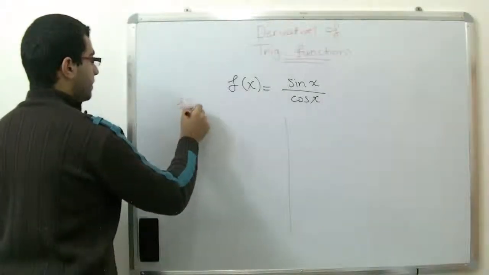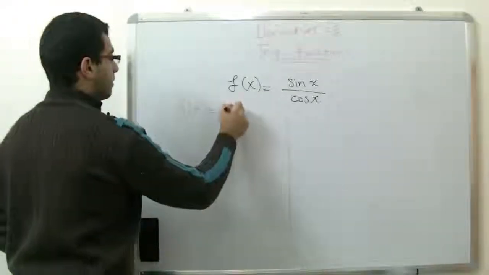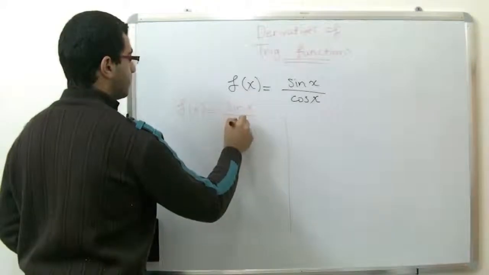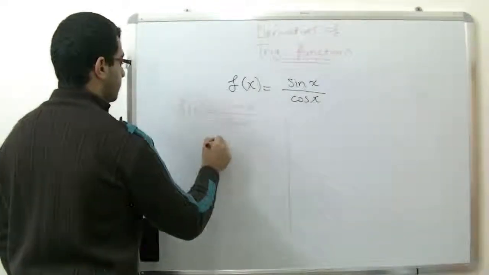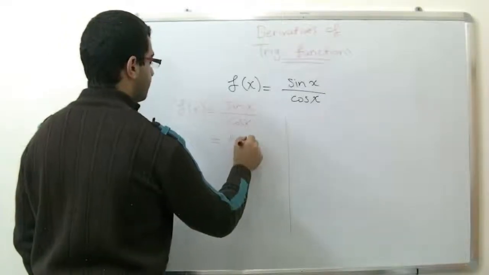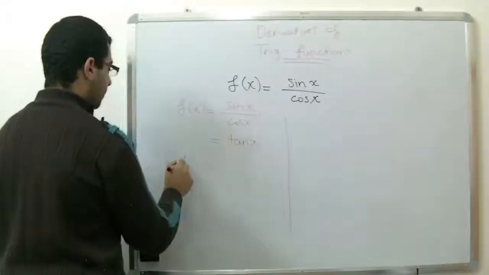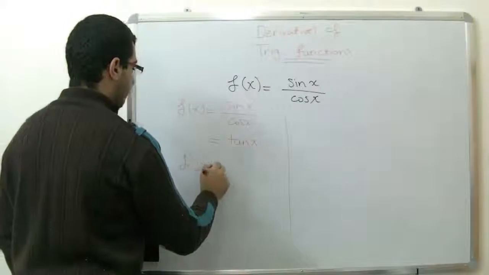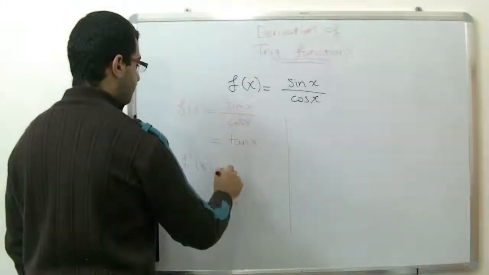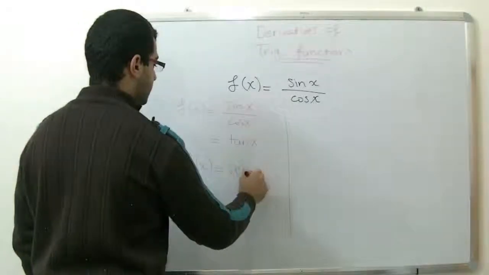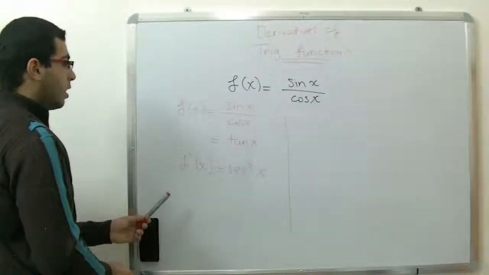As f x equals sine x over cosine x, then it will equal tan x. So the derivative, directly from the rule, we will just write it sec square x. This is the first way.